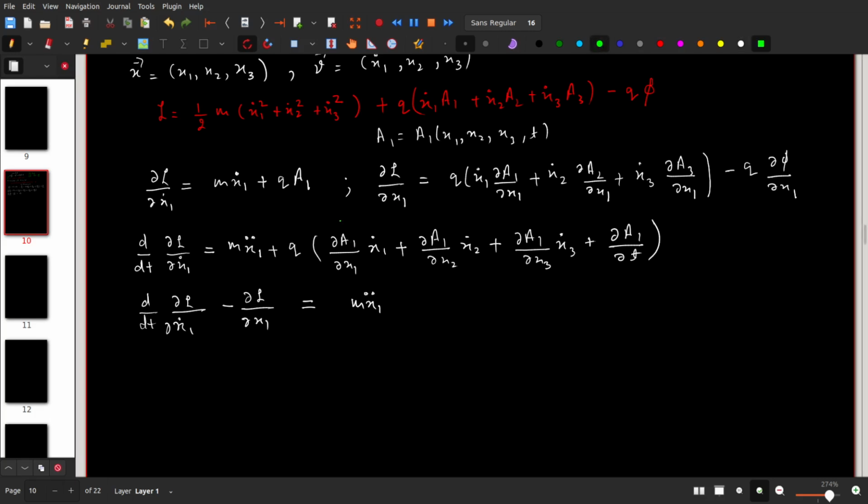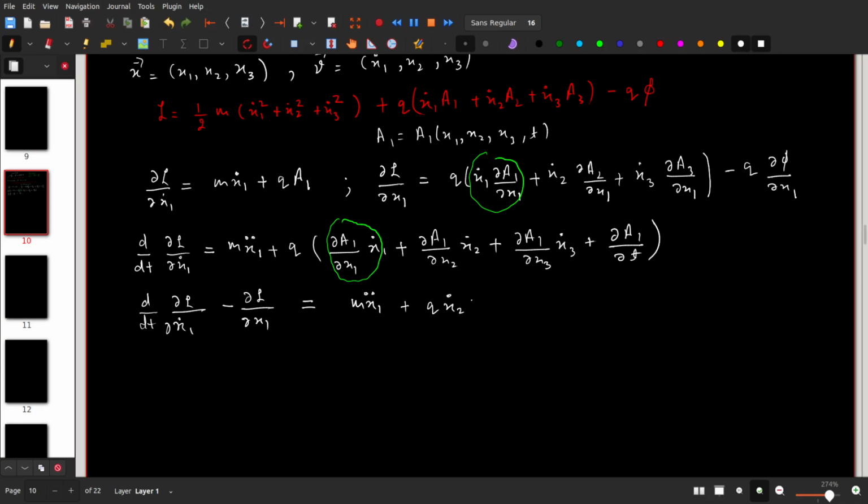This term here, ∂A1 by ∂x1 times x1 dot, will be cancelled by x1 dot ∂A1 by ∂x1, and we will be left with q x2 dot.